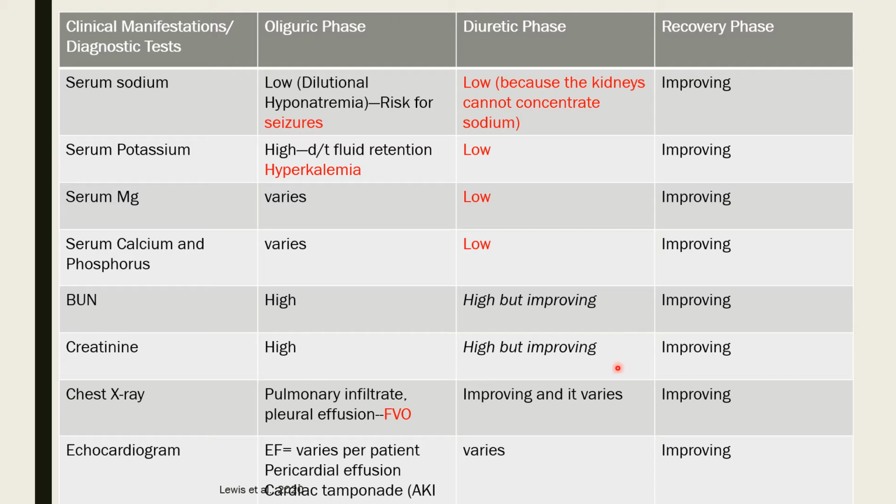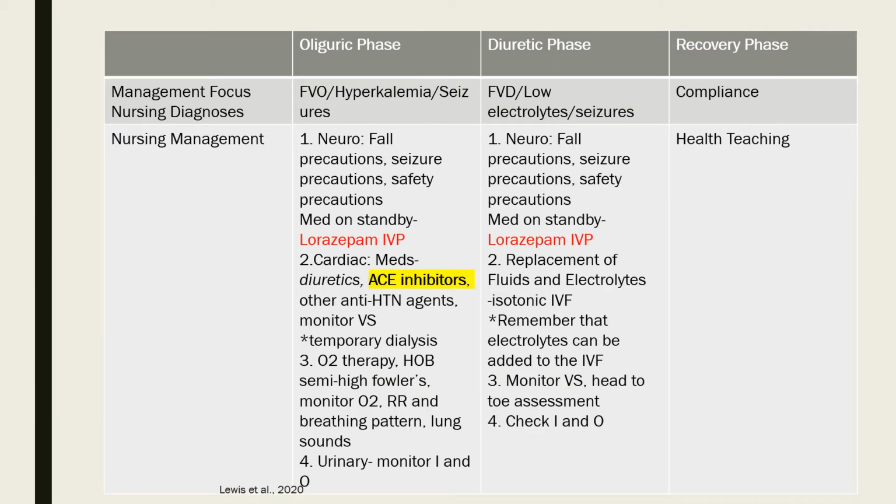Okay, now with chest x-ray and echocardiogram, again, it might vary per patient. Now recovery phase, so you can see here that everything is improving. So with this, again, you will see normal lab, chest x-ray and echocardiogram results.